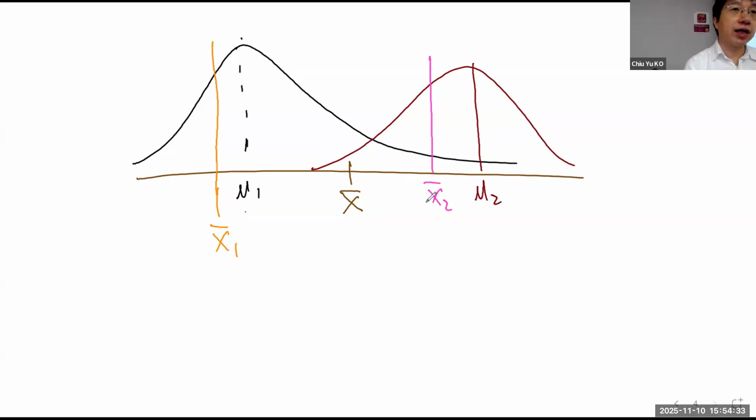So how do you calculate the value? Suppose it's one of the numbers in the data. Remember what we said: from here to here is SST, but you square that. And from here to here is SSW.